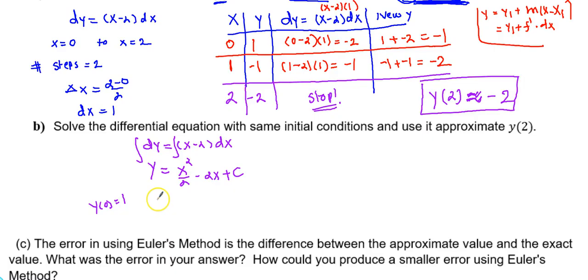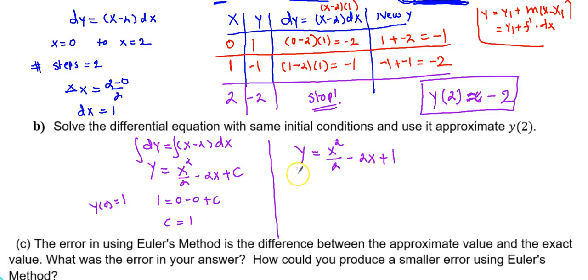So this will give me 1 equals 0 minus 0 plus c. C is 1. So my actual equation is y equals x square over 2 minus 2x plus 1. This is the solution equation. Because this can be solved, that's why we wrote it.